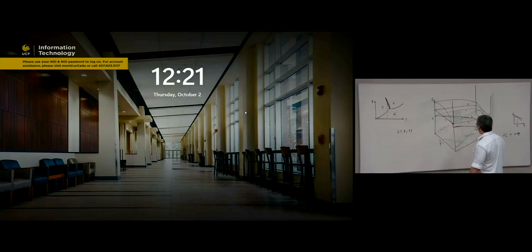And the projection of the liquid and gas line should be somewhere here. So all these three lines have to cross each other.